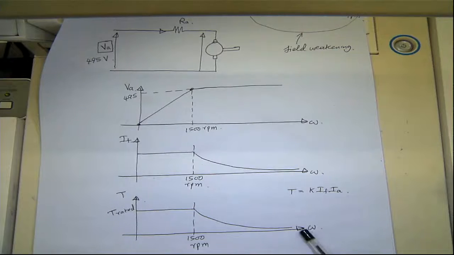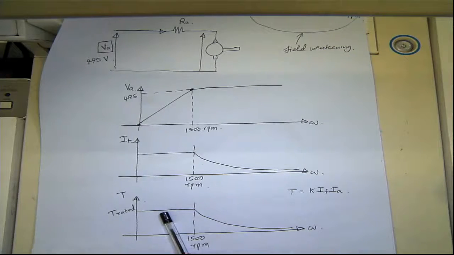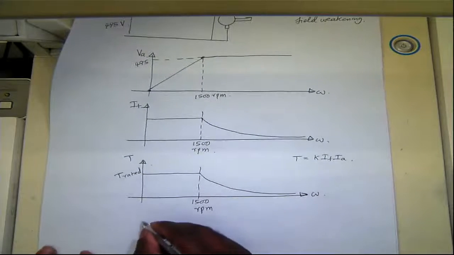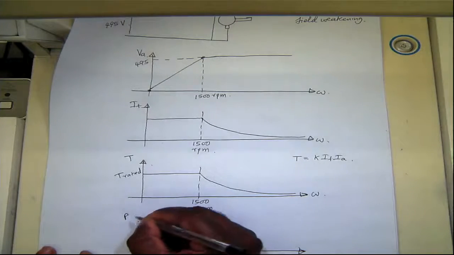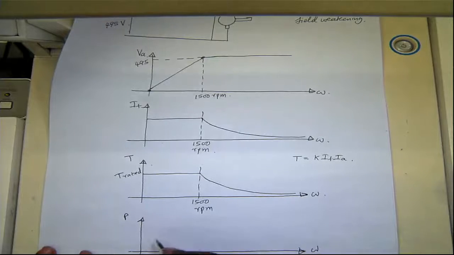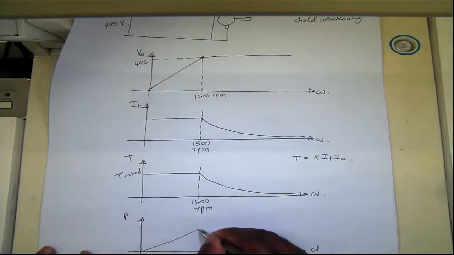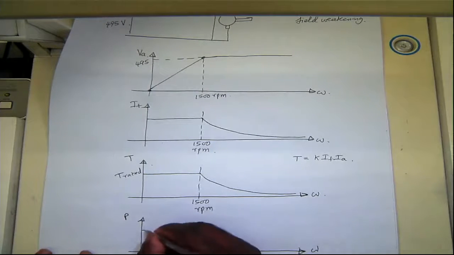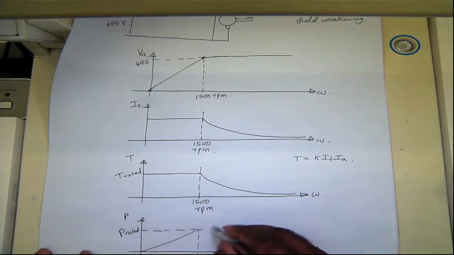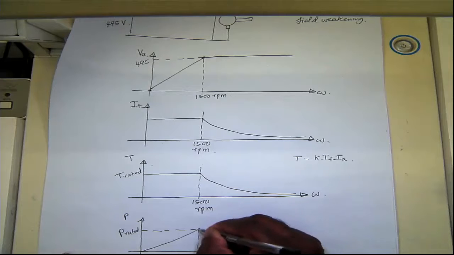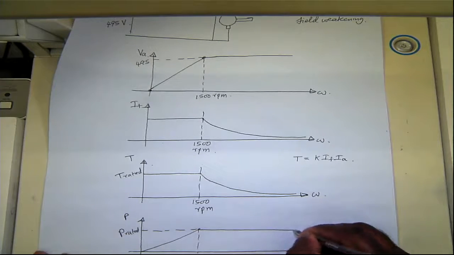If you multiply this by speed, you'll get power. So the power output, P, goes up to the rated condition, so this will be your P rated. And then with speed, you can roughly keep the power constant.